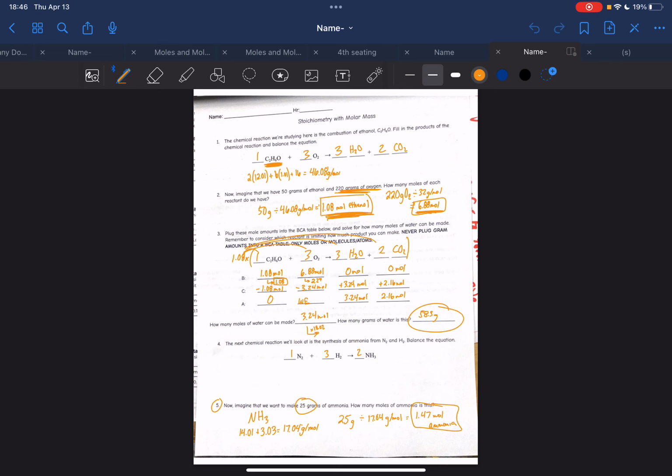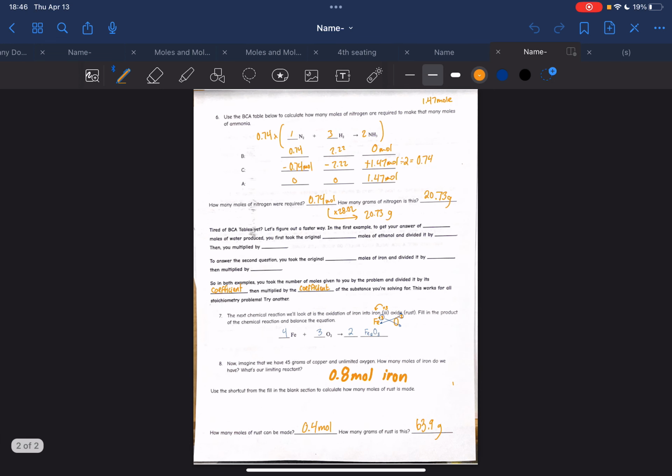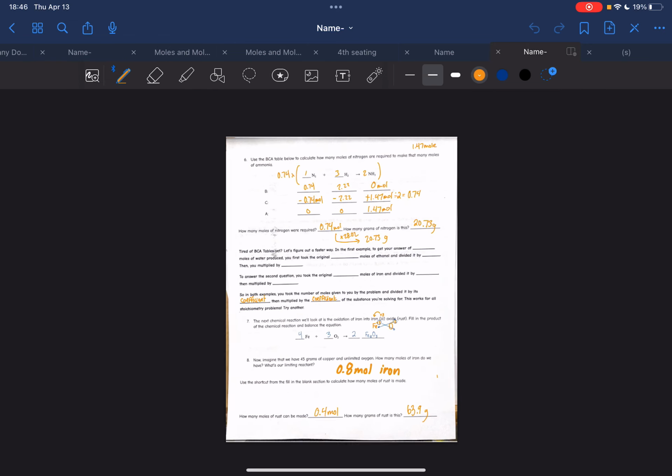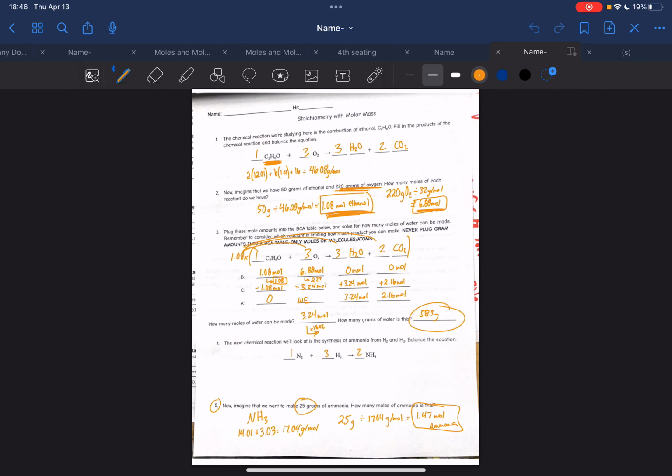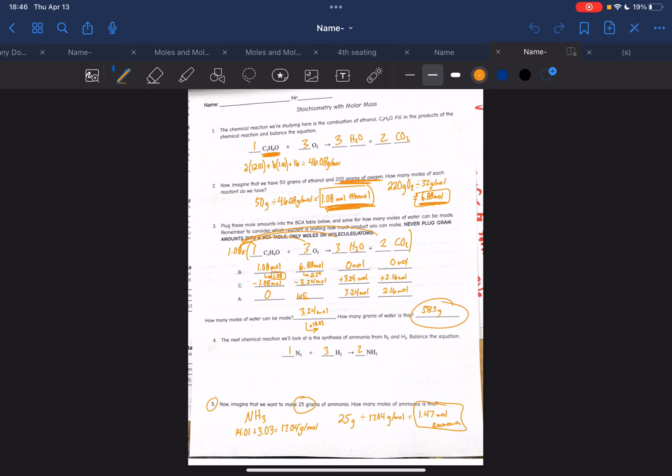If you weren't good on this, try again. Look up some videos on BCA tables. I have some up, but they use molecules and not moles. The process is exactly the same, as far as dividing this number by that number, multiplying by this.